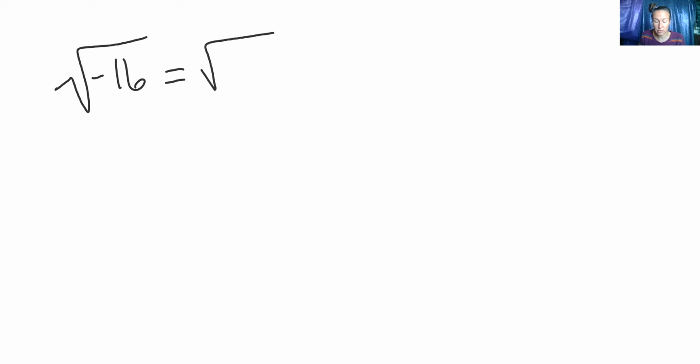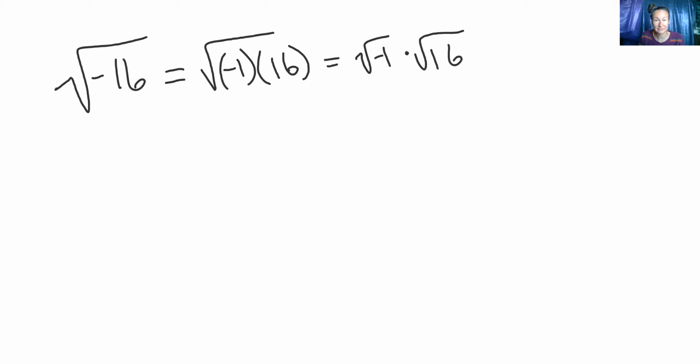So we'll do our first example, which is the square root of -16. What we want to do here is separate the negative part from the rest of the number. So we're going to rewrite this as the square root of -1 times 16. And then we can rewrite that as the square root of -1 times the square root of 16.